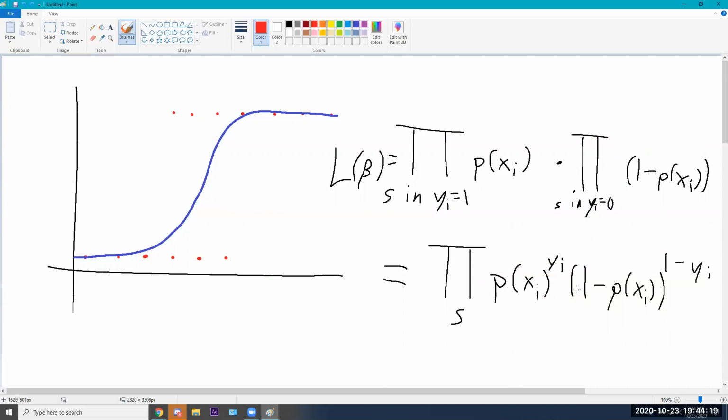You can do all sorts of tricks, where log of a to the b is equal to b log a, and all those fancy log tricks help make this calculation a lot easier, and turn this multiplication into a sum. But we're not going to get into that whole thing. Essentially, this is the function that you're going to be optimizing.